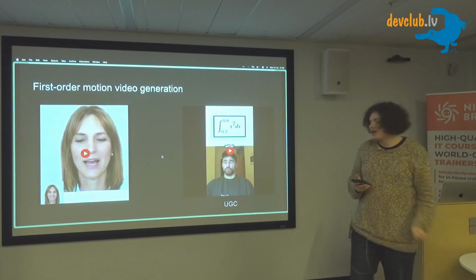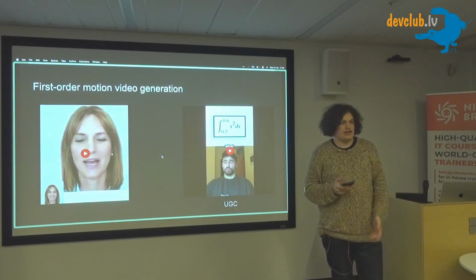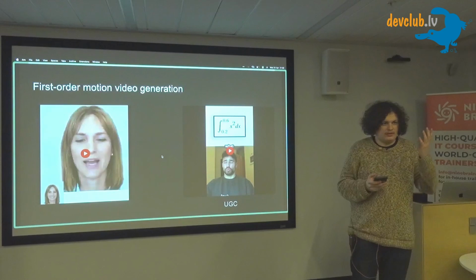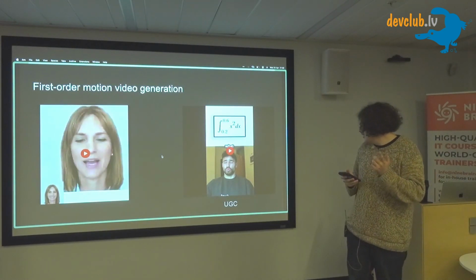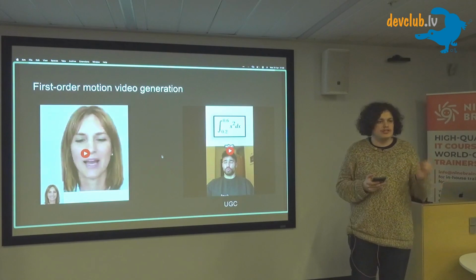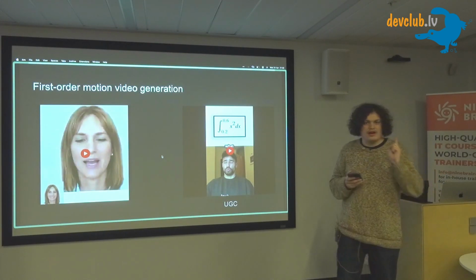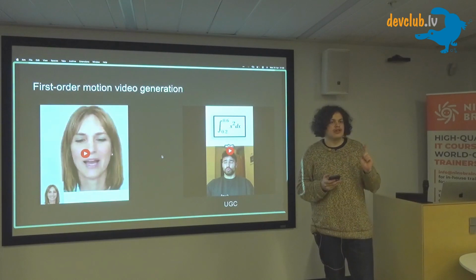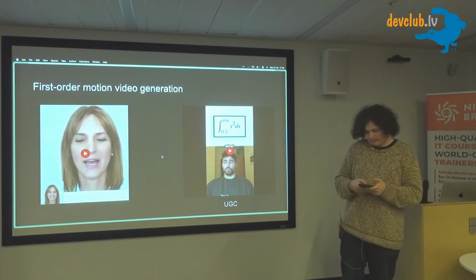This is the first type. This could mainly be used in UGC, in TikTok, or in other social networks. But the main disadvantage that you should keep in mind is that it doesn't allow you to have a dynamic background.